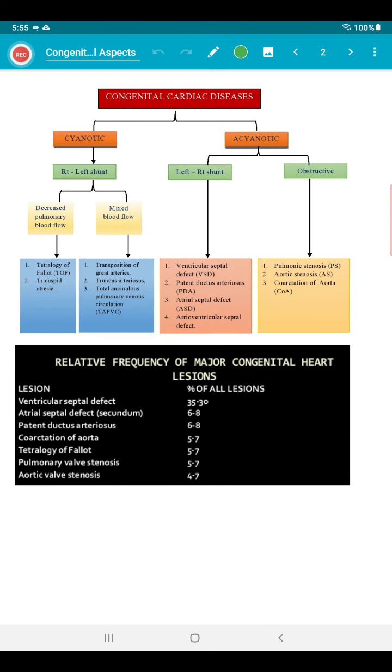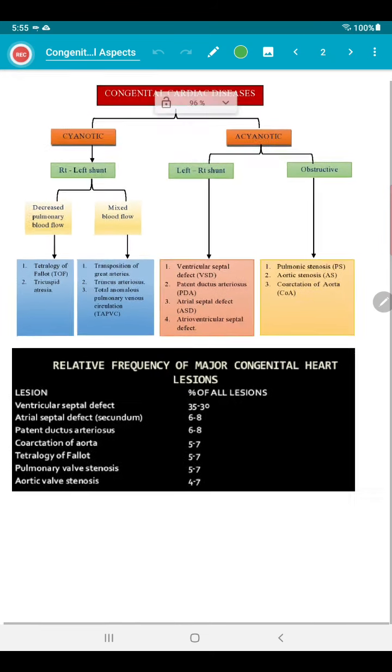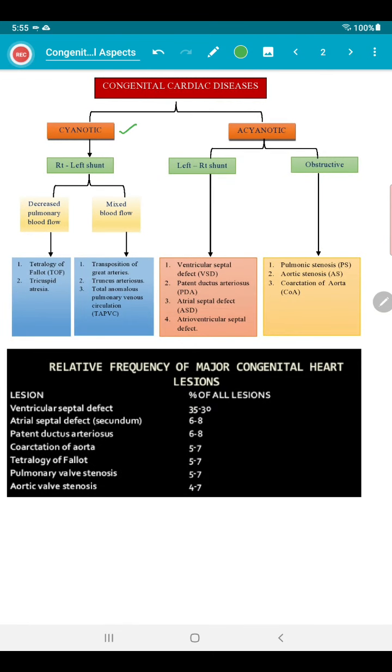So congenital heart disease is of two types. One is cyanotic heart disease, and one is acyanotic heart disease. What do the terms cyanotic and acyanotic mean?